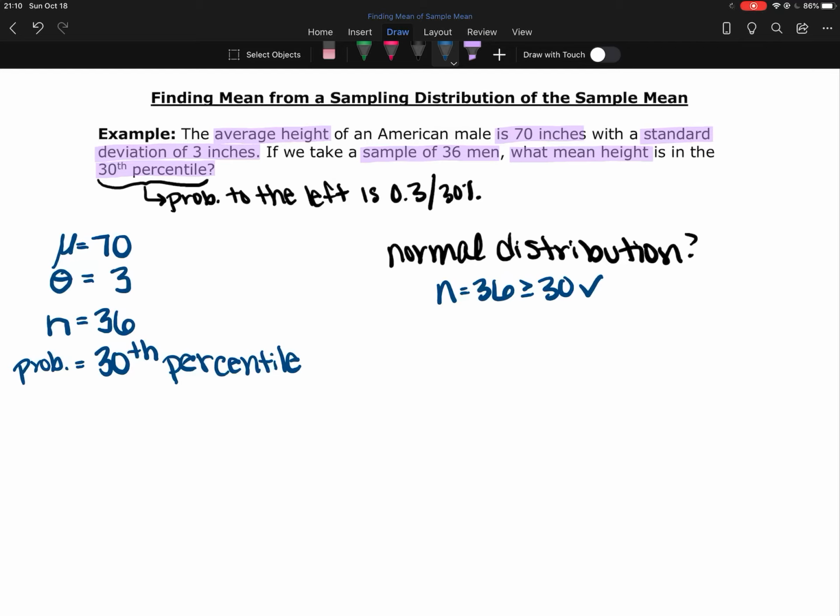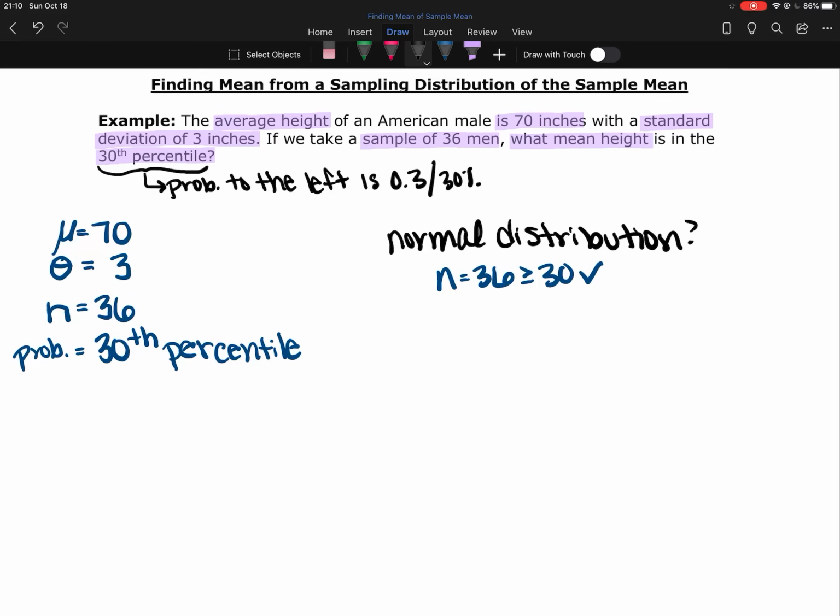So I do have a normal distribution, so I can continue on with this problem like I would if this were a problem where I was looking at an individual value and I was trying to solve for it. There's just one part that's going to be different.